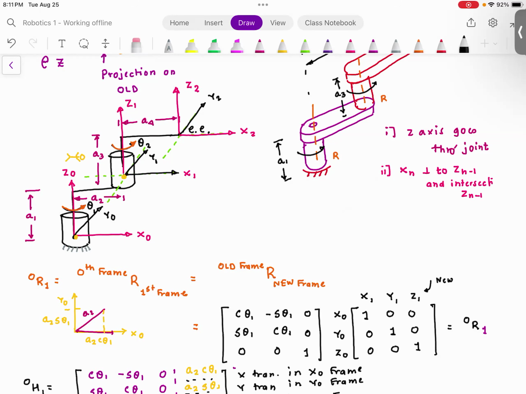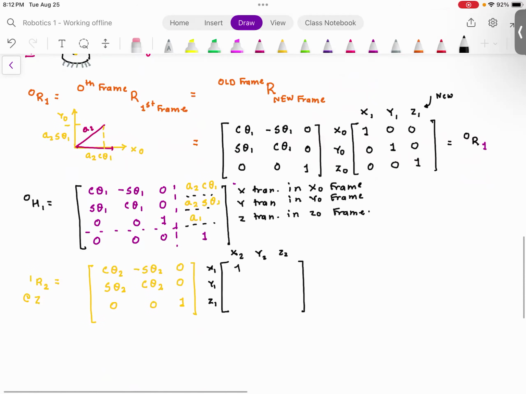But here, everyone agrees that x2 is aligned with x1, y2 is aligned with y1, and z2 is aligned with z1. So this matrix is going to be 1, 0, 0, 0, 1, 0, 0, 0, 1. And since this is an identity matrix, multiplying rotation matrix by identity matrix gives me the same rotation matrix.